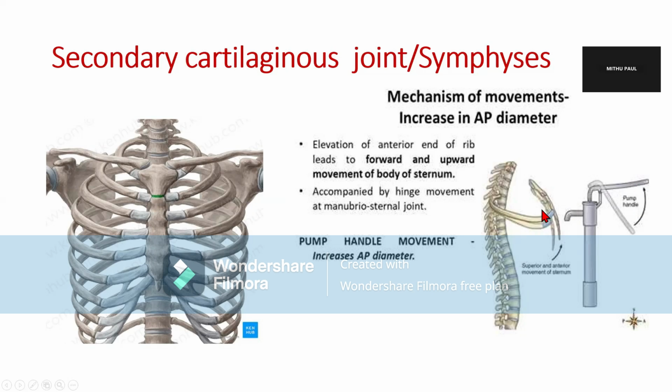So this respiratory movement is named the pump handle movement. The joint lies over the median plane. It is mobile, having cartilage inside. So it is again an example of a secondary cartilaginous joint, though later in age, after 40, or after 60, it can fuse. But even here, the core part remains cartilaginous.